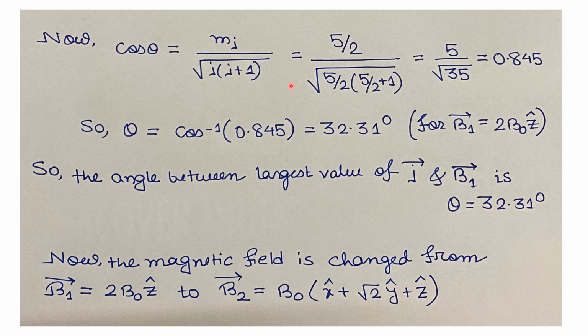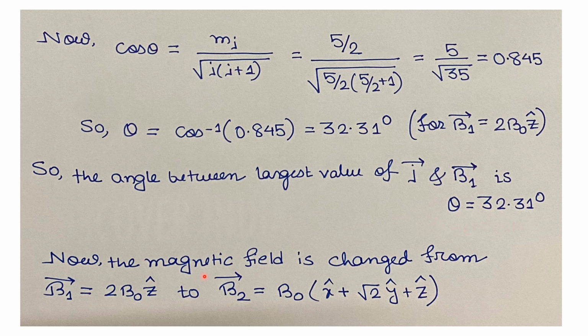If we put that in, we get 5 by 2 divided by root over 5 by 2 times 5 by 2 plus 1. So it will give 5 by root 35, which leads to 0.845. So our theta is cos inverse 0.845, that is 32.31 degrees. So this is the angle between the total angular momentum vector J and the magnetic field B1 vector, that is 2B0 z cap.